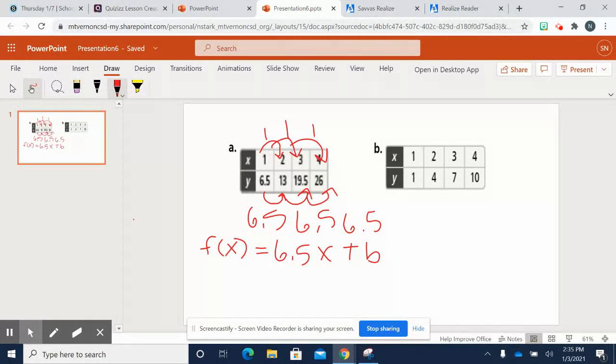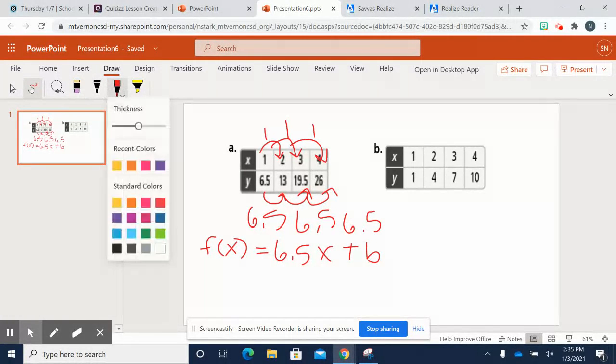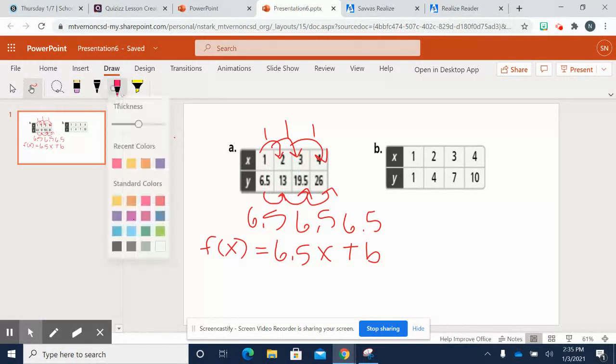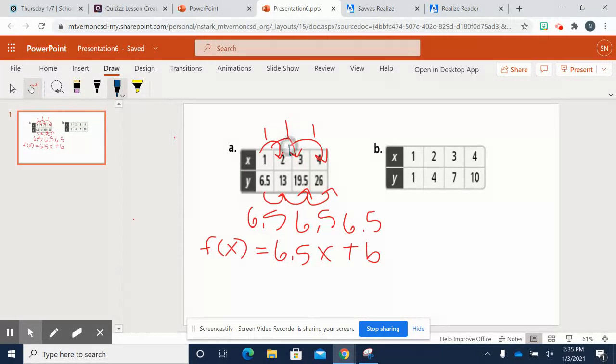Okay, so in order to do that, we can use any ordered pair. I'm going to specifically use 2 and 13 because those are both actual whole numbers and I don't have to think about halves or anything like that. So when x is 2, y is 13. F of x is just a fancy way of saying y. So I'm going to put 13 there. So 13 is equal to 6.5 times my value for x, which is 2, plus b.